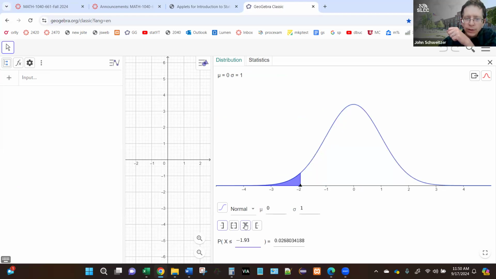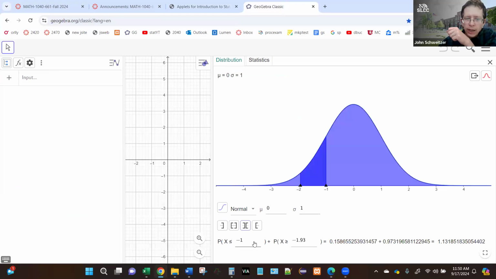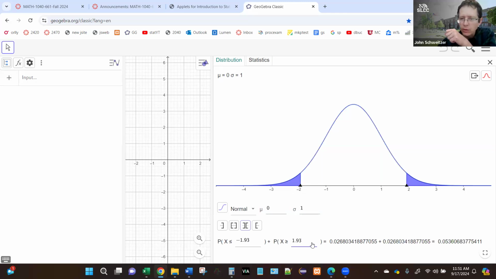But this is a two-tailed test, so I can go outside of, so less than negative 1.93 or greater than 1.93. So it's a two-tailed test, and we can calculate the p-value that way.